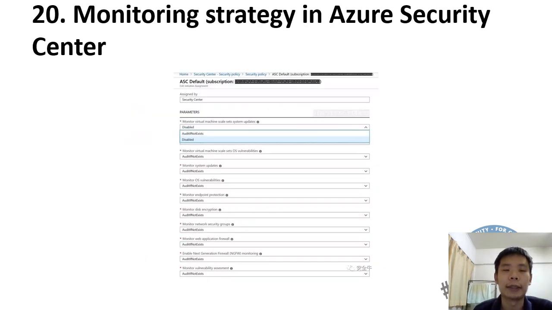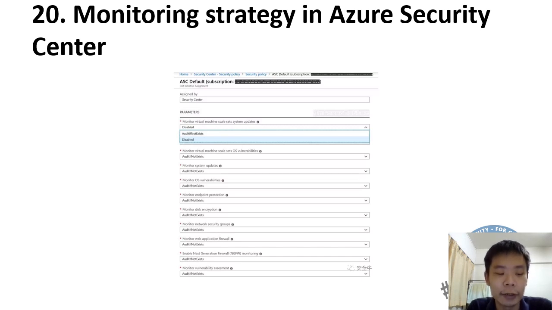Now we come to the last one, monitoring strategy in Azure Security Center. The CIS benchmark recommends enabling the following monitoring strategy in Azure Security Center: under the compute and application category, which includes system updates, operating system vulnerabilities, endpoint protection, disk encryption, vulnerability assessment, adaptive application control.